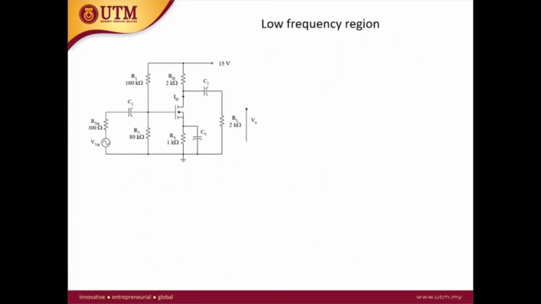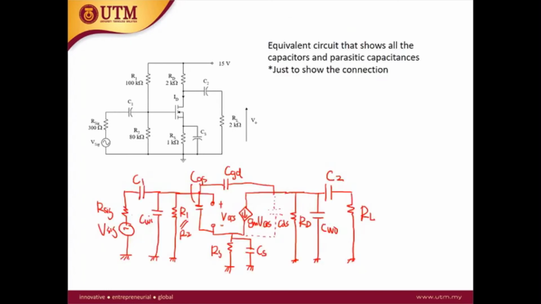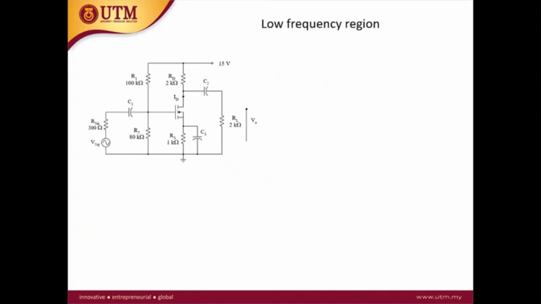Okay, so in the low frequency region, the parasitic capacitance will be removed. We remove the parasitic capacitance. What remains is only the capacitor. The parasitic capacitance is removed because it's considered an open circuit, high impedance. So in the low frequency region, the equivalent circuit will look like this. We have the V signal.